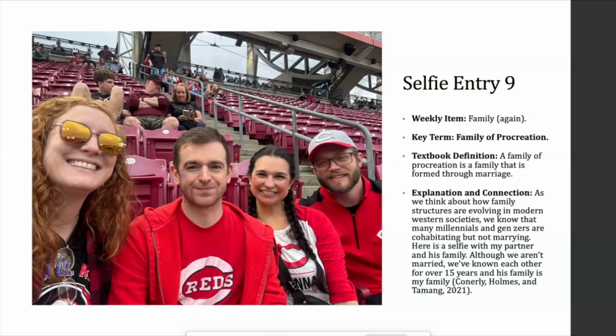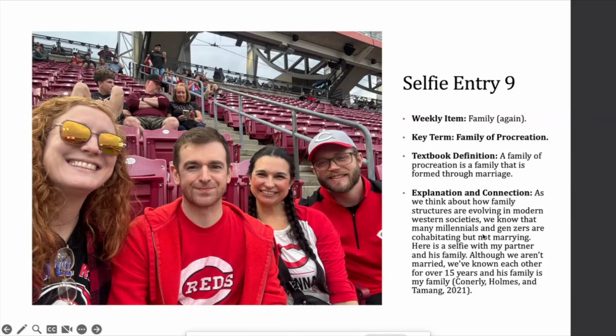And so on that note, the key term I chose is family of procreation, which is a family that is formed through marriage. As we think about how family structures are evolving in modern Western societies, we know that many millennials and Gen Zers are cohabitating without necessarily marrying, right? We have data that's collected regularly in the United States that demonstrates that.